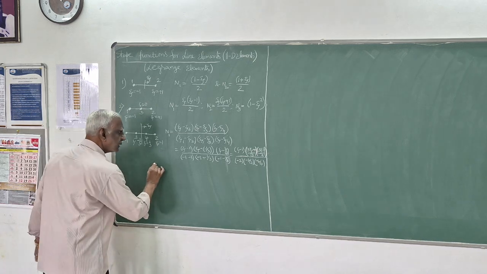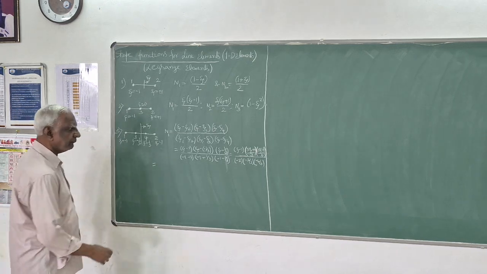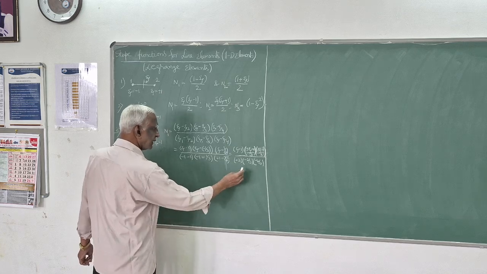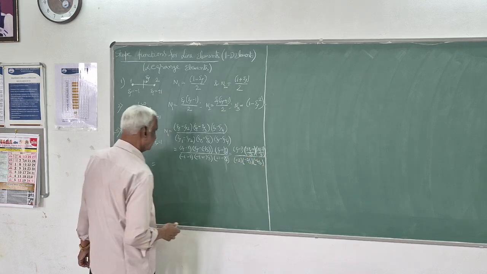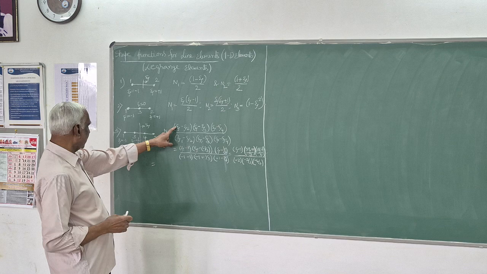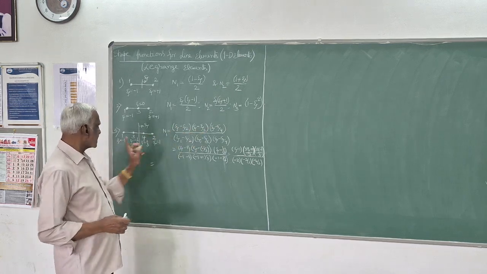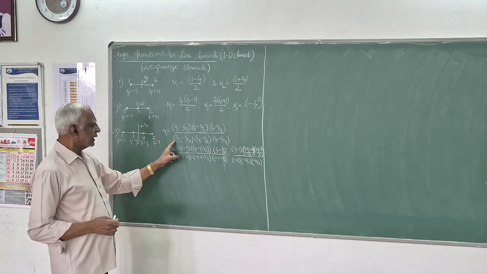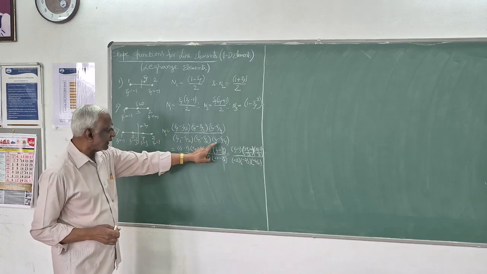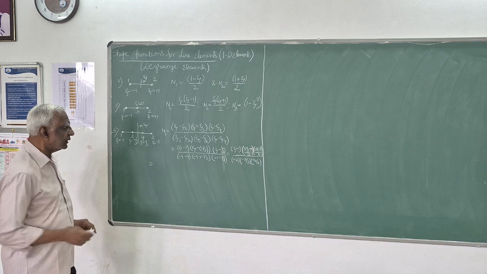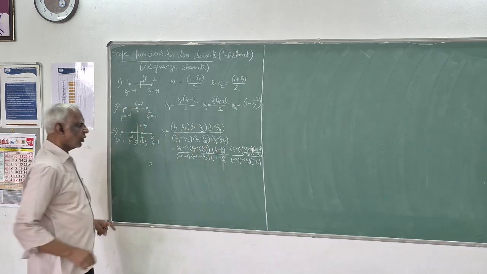So this is equal to, after simplification, psi minus psi 2, psi minus psi 3, psi minus psi 4, divided by psi 1 minus psi 2, psi 1 minus psi 3, psi 1 minus psi 4.